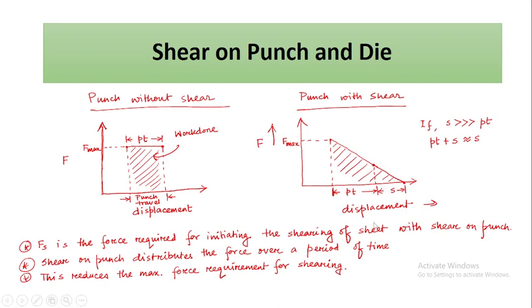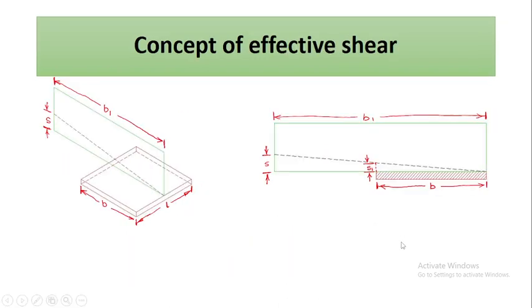The next concept is the concept of the effective shear. Suppose the width of the punch is very large compared to the width of the sheet.